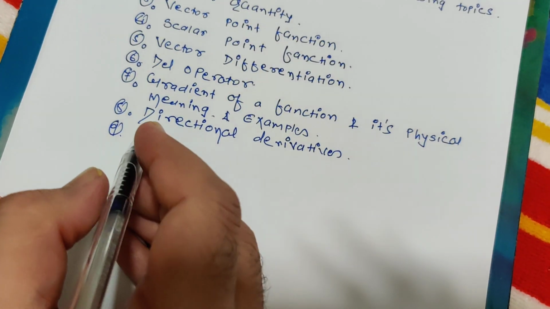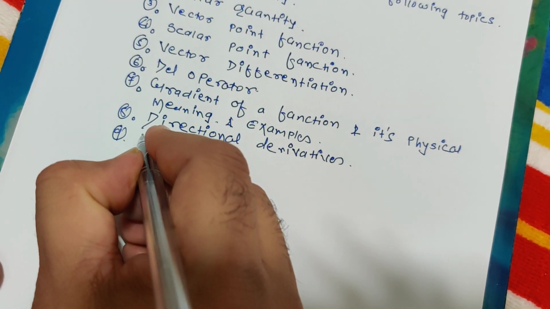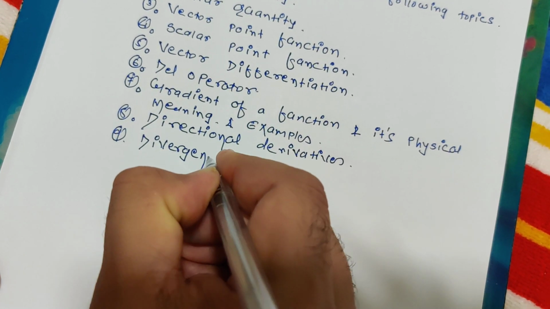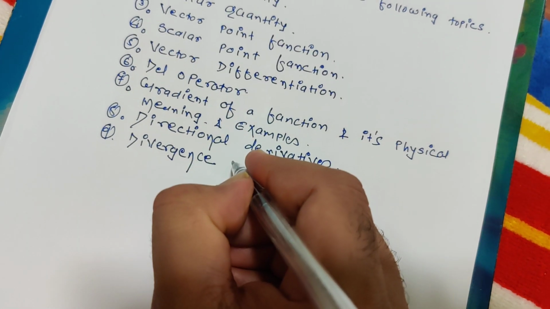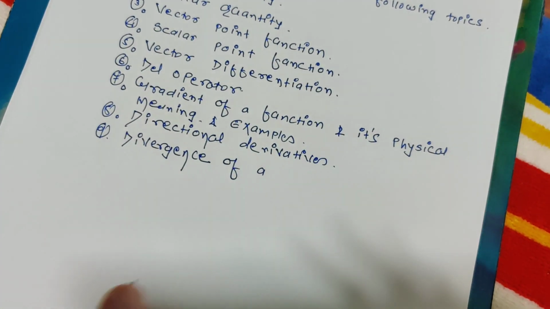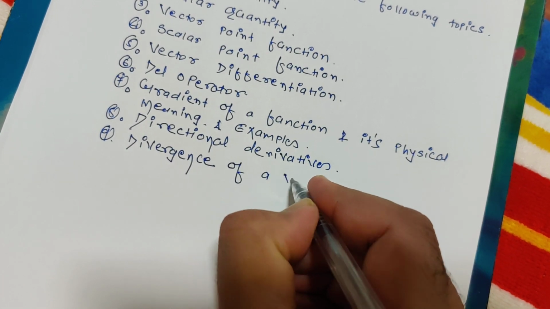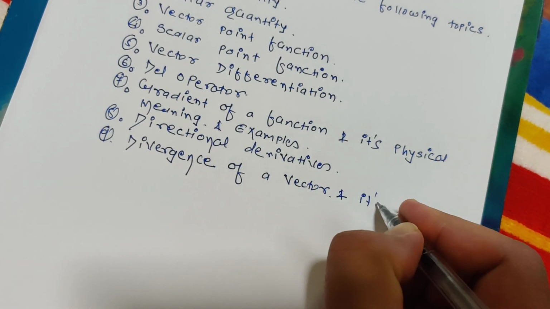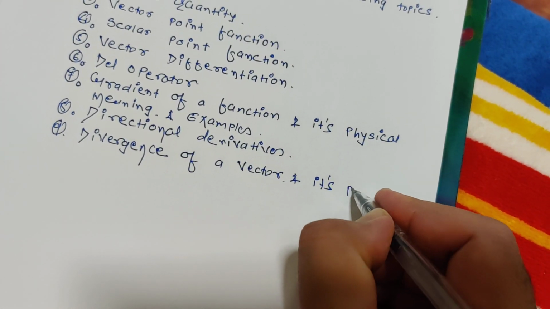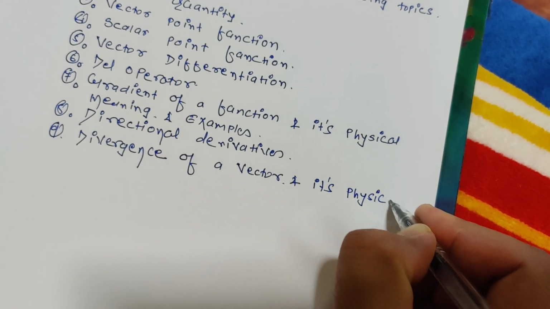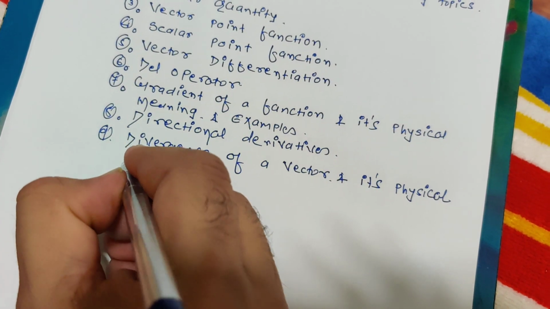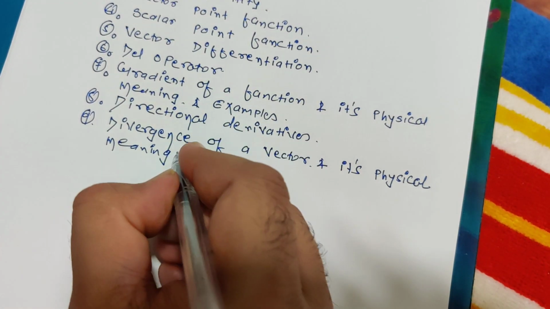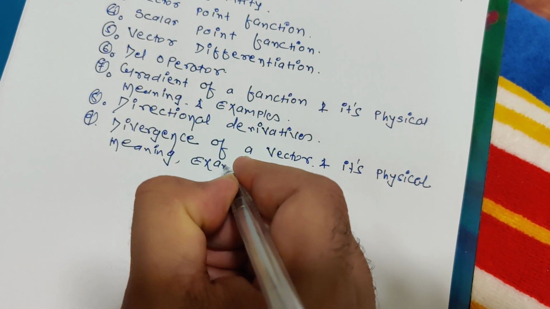Number 9, divergence of a vector and its physical meaning, and we'll see the examples.